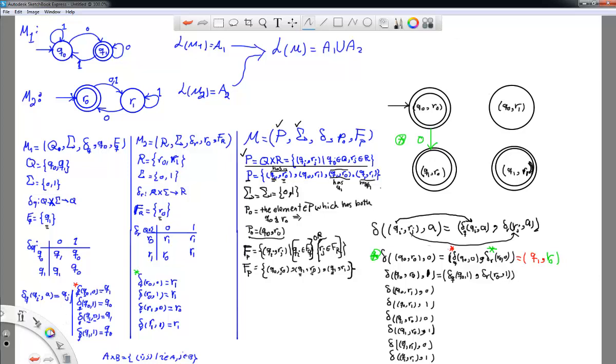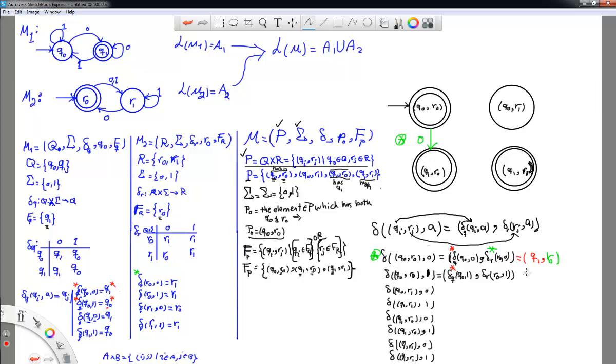Let's see where they go. So my red star, delta sub Q, Q sub 0, 1, which will be this element right here, which will be Q sub 0, Q sub 0 down here.